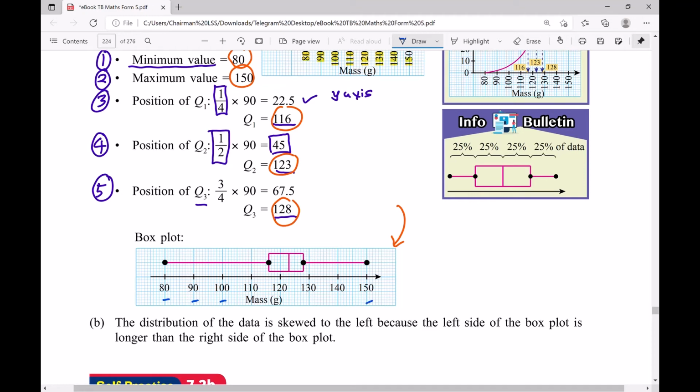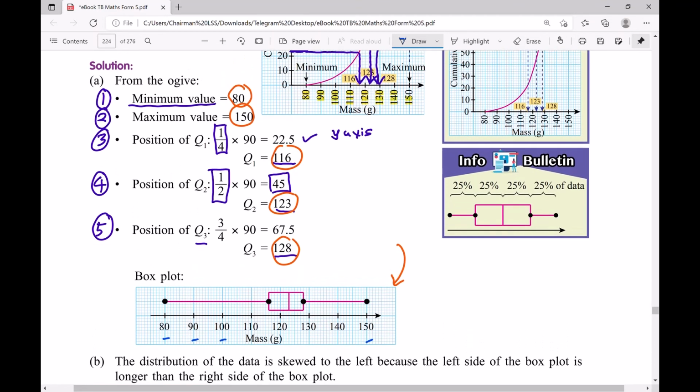So you just plot all the values. First you plot the minimum value here. Then you plot your maximum, which is 150. Next is your first quartile, 116, here. And then your second quartile is here, and the third quartile is this one.